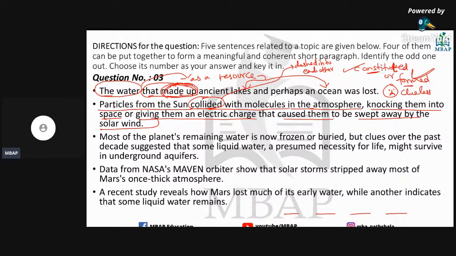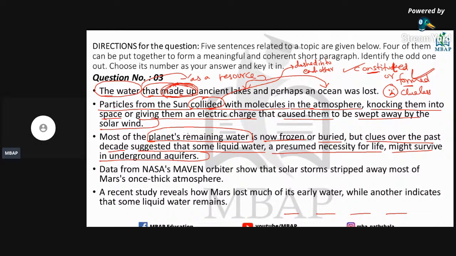And then sentence 3 says most of the planet's remaining water is now frozen or buried, but clues over the past decade suggested that some liquid water, a presumed necessity for life, might survive in underground aquifers.